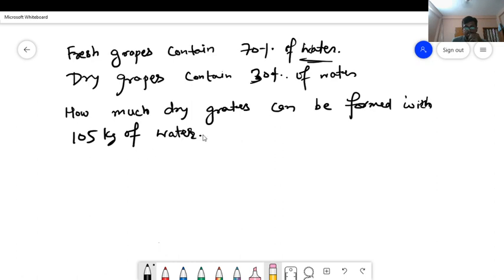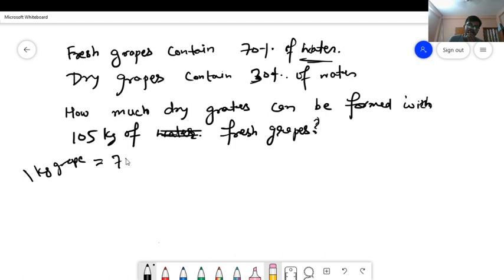Right? Fresh grapes, sorry. Fresh grapes. Okay, find it. No, no. If I take 1 kg of grapes, that would also contain 70% of water.